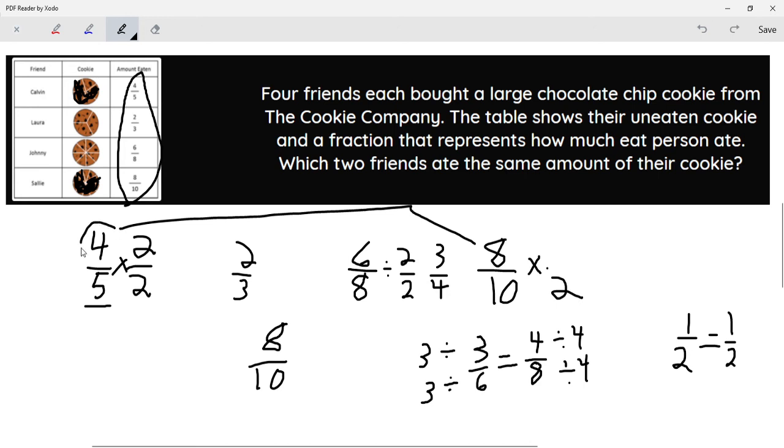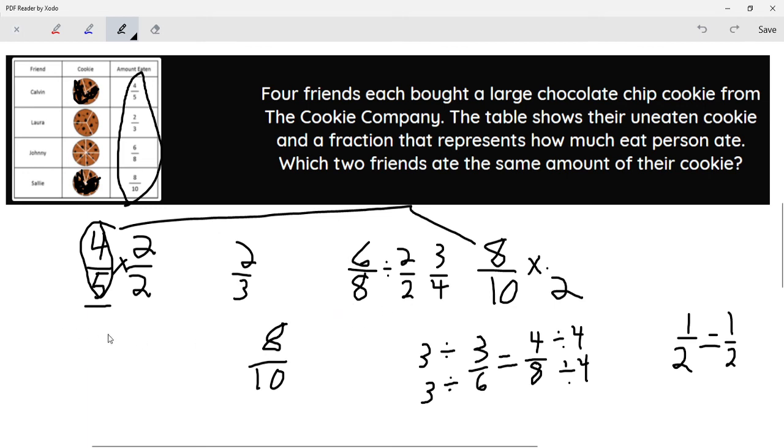When I reduce it, it becomes 4/5. So that's another way of looking at it, is just to reduce all the fractions. And once the fractions are fully reduced, you'll see which two fractions reduce to the same one, right? Because if two fractions are equivalent, then their reduced version will be the same.